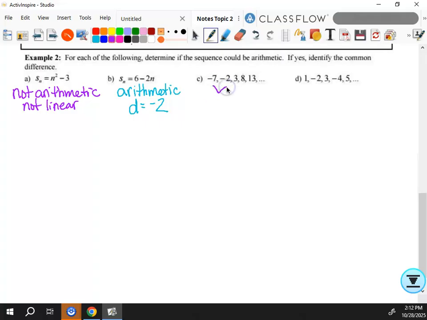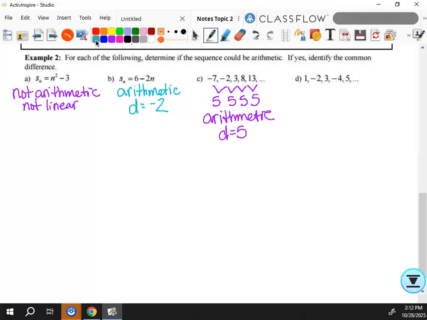So -2 minus a -7 is 5. 3 minus a -2 is 5. 8 minus 3 is 5. 13 minus 8 is 5. So I have a common difference. Literally every difference is the same. So I can say that this is arithmetic. And D equals 5. Okay. We okay with that? Any questions?